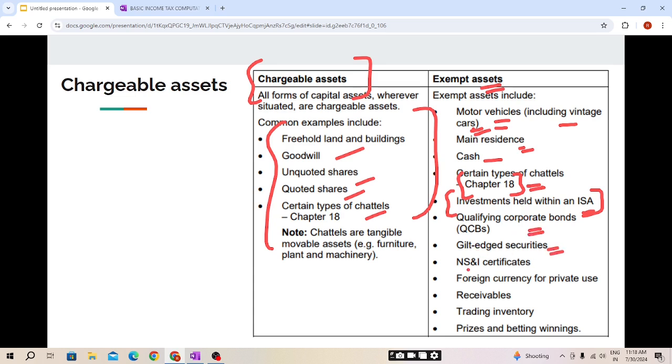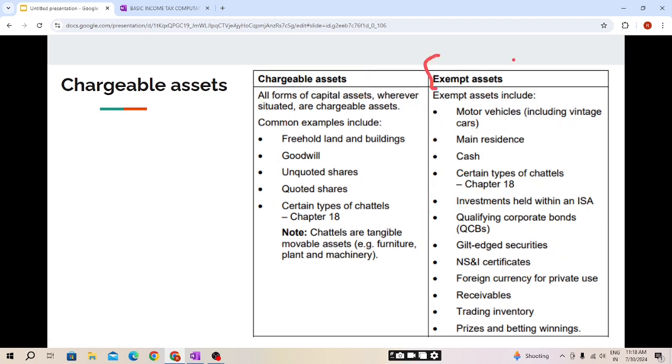Gilt-edged securities, NSI certificates, the National Savings and Investments certificates, foreign currency for private use, receivables, trading inventory, prizes and betting winnings are also exempt.